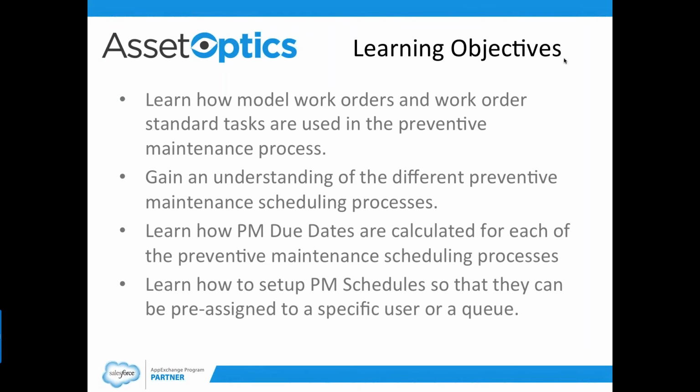Third, to learn how the due dates are calculated for each of the different preventive maintenance processes. And lastly, to learn how to set up PM schedules so that they can be pre-assigned to specific users or to a queue.